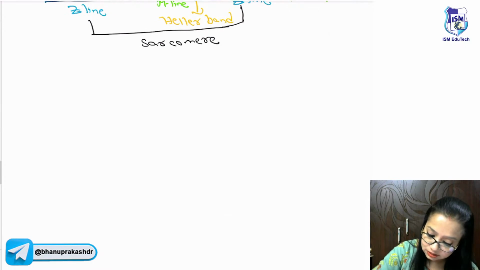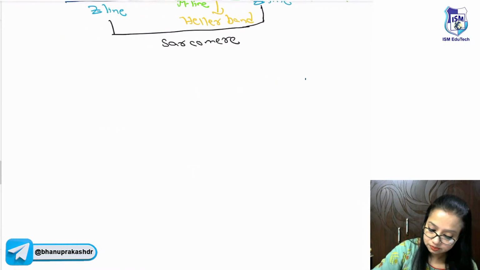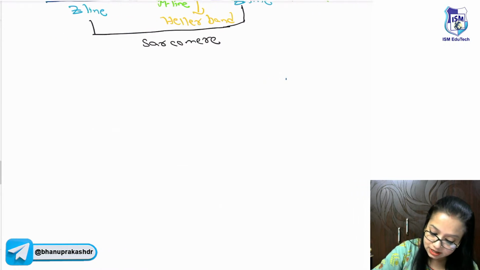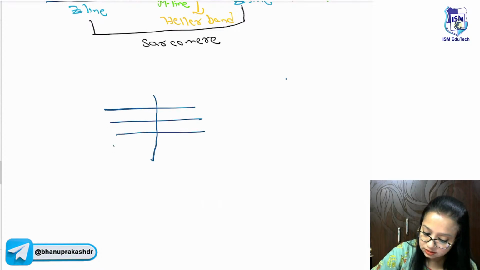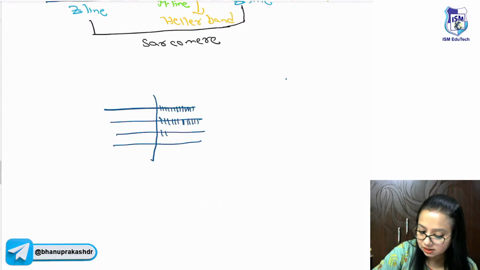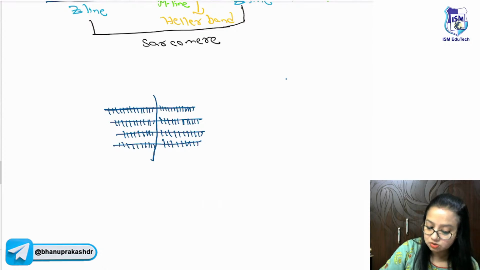So again, if we draw the A band and I band, it will stand out like this. This is, say, the A band, which has the thick filament, which is the myosin.